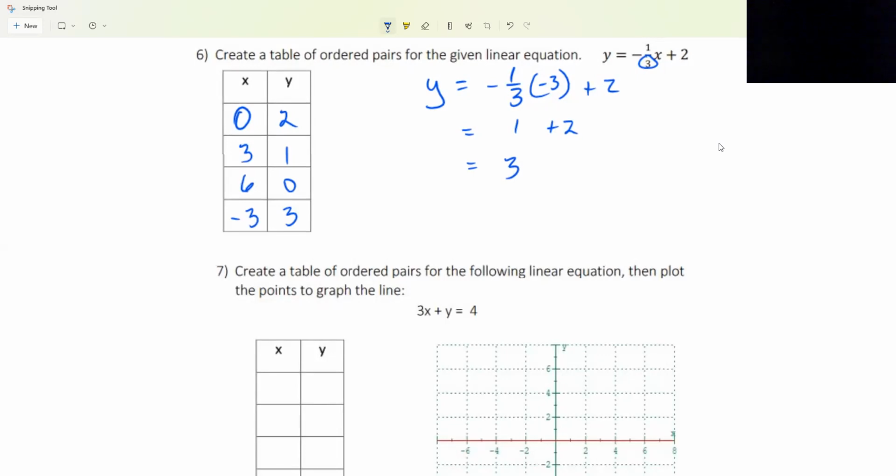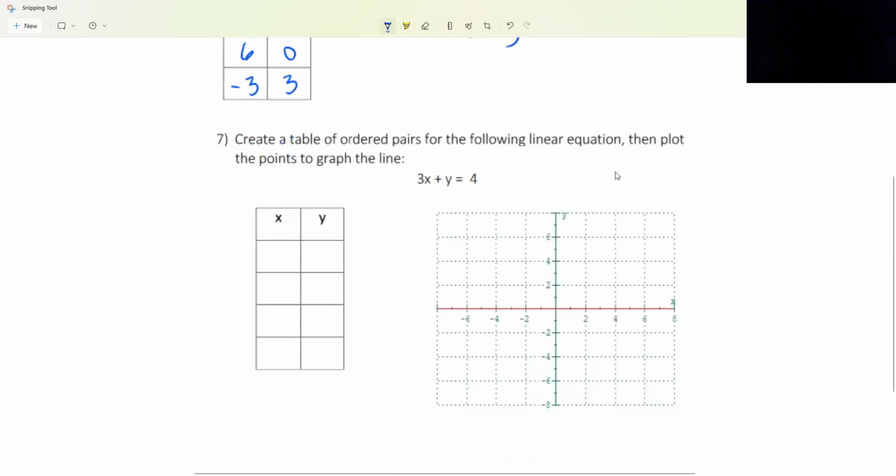All right. So the next one here says create a table of ordered pairs for the following linear equation, then plot the points to graph the line. With these, it'll be a little bit easier for you to do it this way: I'm going to get y by itself.